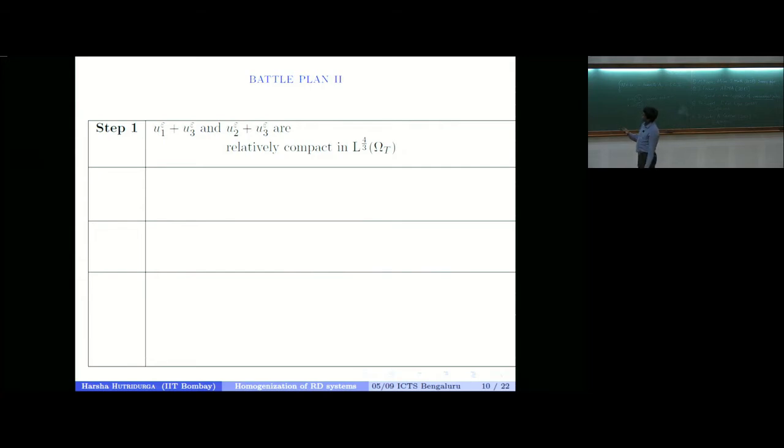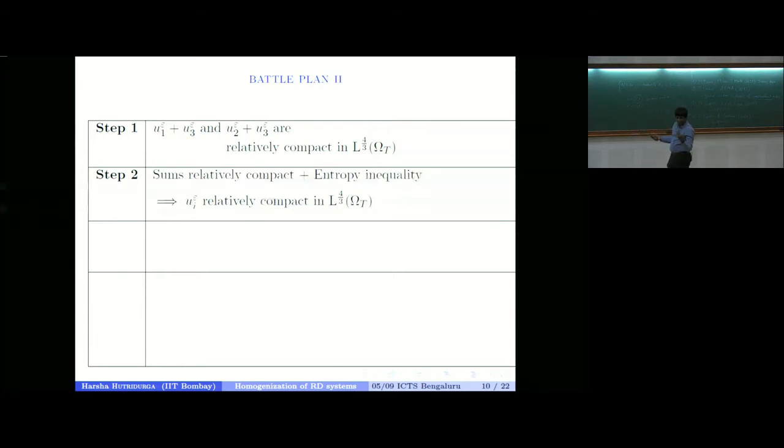That's what we will show. And similarly, u2 epsilon plus u3 epsilon. So this is what we will show first. Next, using this information from step 1, where we show the relative compactness of the sums, and combining that with the entropy inequality, which said that the gradient of the square root of u_i epsilons are bounded in L2, we will get that the u_i epsilons are relatively compact in L^{4/3}. Okay?